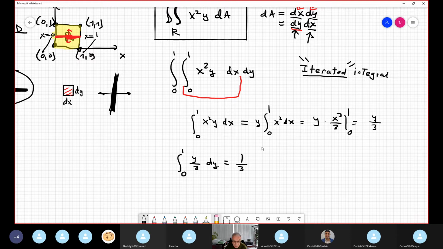Now you integrate that part, it's obvious that it's y squared divided by 2, evaluating between 0 and 1. So 3 times 2 is 6, and evaluating 1 and 0, 1 over 6. Wow, the answer is 1 over 6. Okay, and this represents, I have no idea, the volume of this surface enclosed over that yellow region.